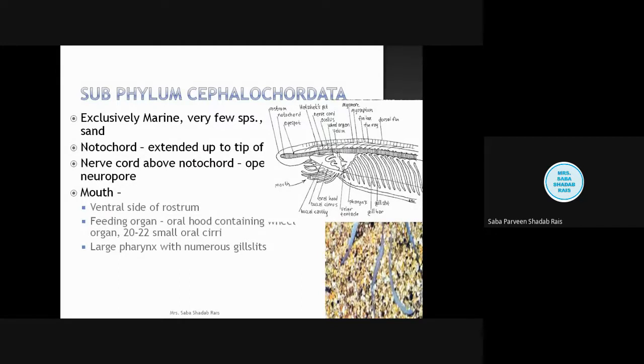You can see it in this diagram. The mouth extends only to the pharynx, and the pharynx has numerous gill slits. When you observe the diagram, it becomes very easy to remember. The body is laterally compressed and tapered at both ends with a post-anal tail, and these animals are commonly called lancelets.